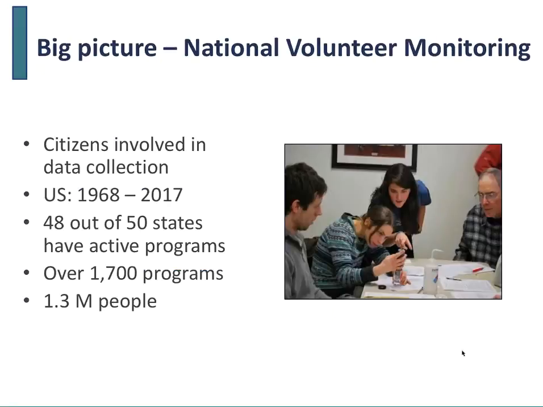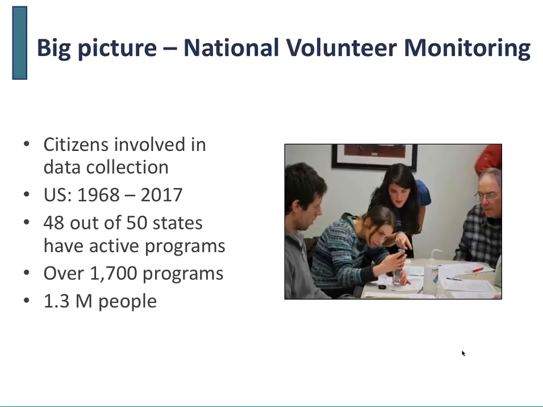When you look at the national volunteer monitoring movement, if you are familiar with Chris Stepanek's work at the University of Vermont, please check that out. She's done some really great research looking at different volunteer monitoring models. We have a relatively rich history; the oldest programs date back to the 60s, and we have active programs today, where communities or individual volunteers are involved in data collection on water quality and water quantity.